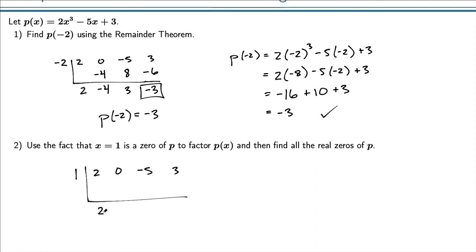I bring my 2 down. 2 times 1 is 2. 0 plus 2 is 2. 2 times 1 is 2. Negative 5 plus 2 is negative 3. Negative 3 times 1 is negative 3. And 3 plus negative 3 is 0. Okay, we were expecting the 0 because we knew that x equals 1 is a 0 of p.